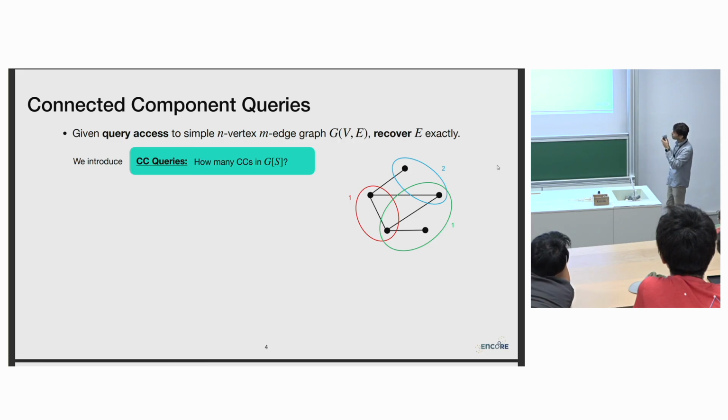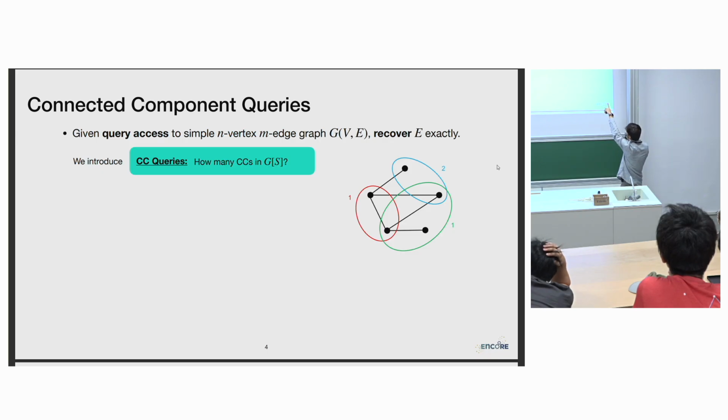So what does a connected component query mean? You see this graph with 1, 2, 3, 4, 5 vertices, and suppose you're asked about this set of green vertices, there are 3 of them. How many connected components are there? The answer is 1.